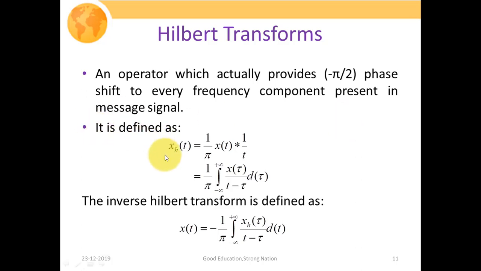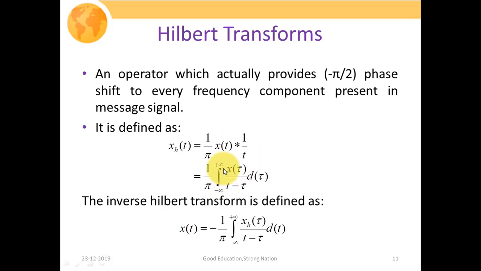It has been defined as xh of t is equal to 1 over pi x of t convolved with 1 over t, where x of t is some time domain signal and xh of t represents its Hilbert transform. So the Hilbert transform is defined as the convolution of the signal with 1 upon t multiplied by 1 by pi.